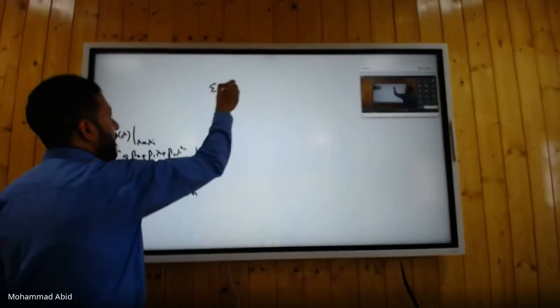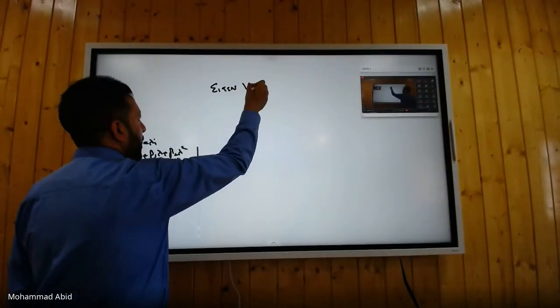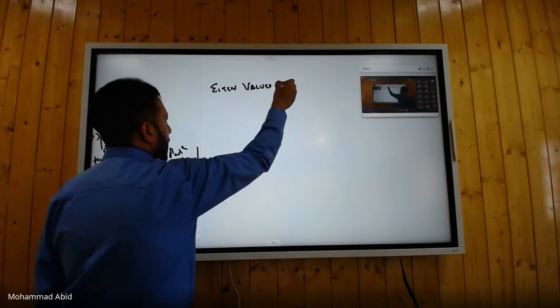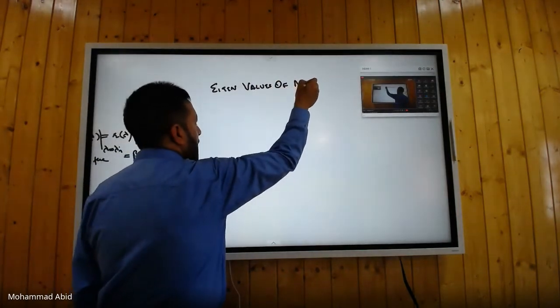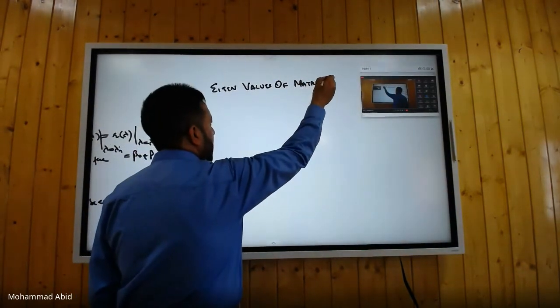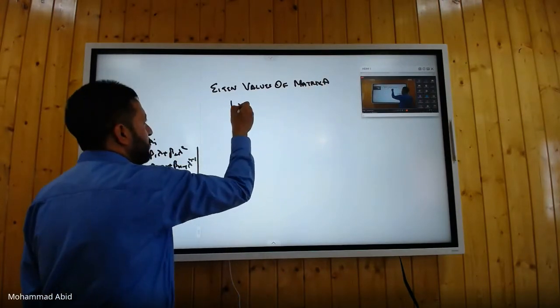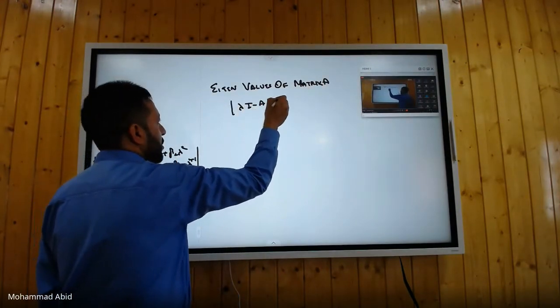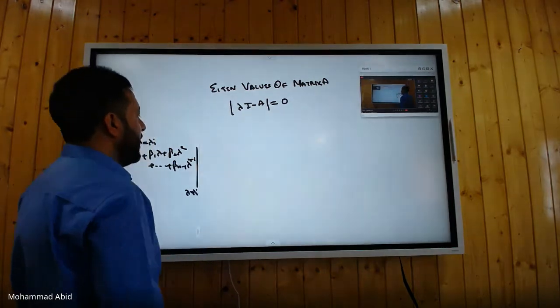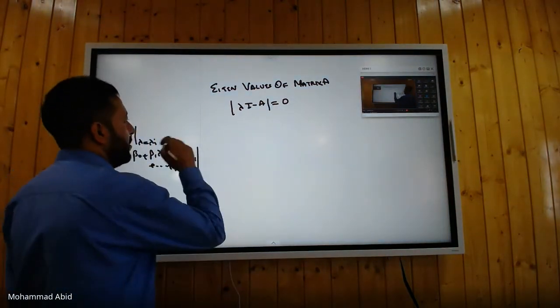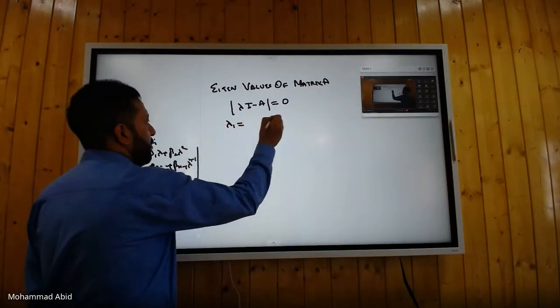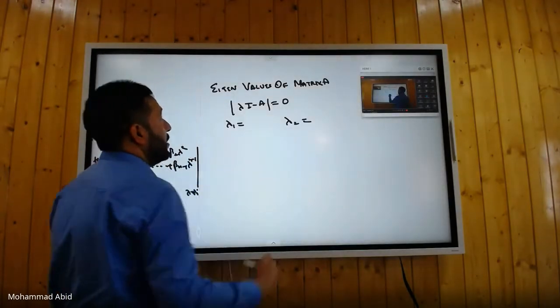Tell me what they will be. Eigenvalues of matrix A: how do you evaluate that? Determinant of lambda I minus A equal to 0. Tell me, after evaluating, what values are coming for the eigenvalues? What is lambda 1 and what is lambda 2?